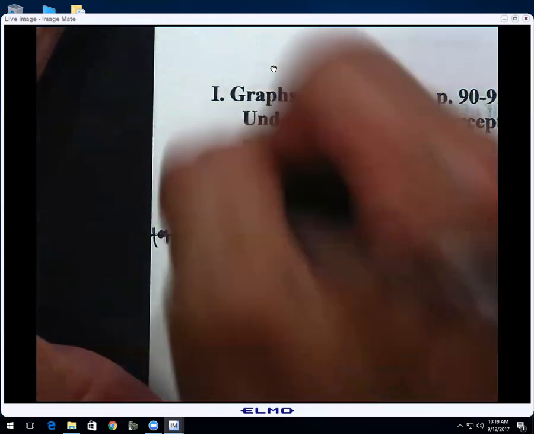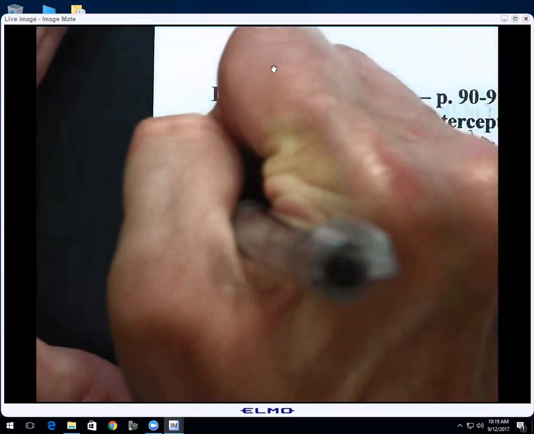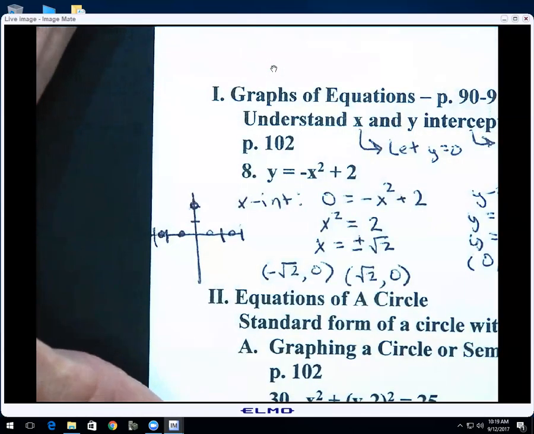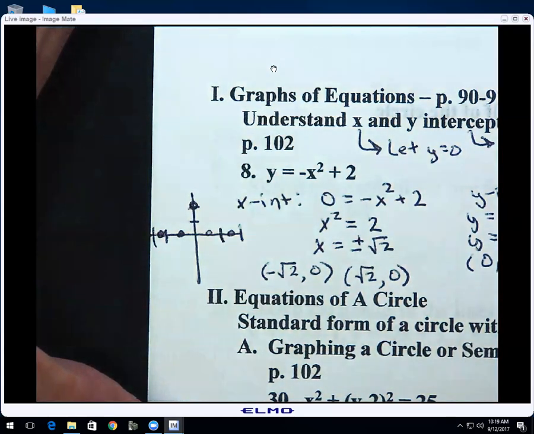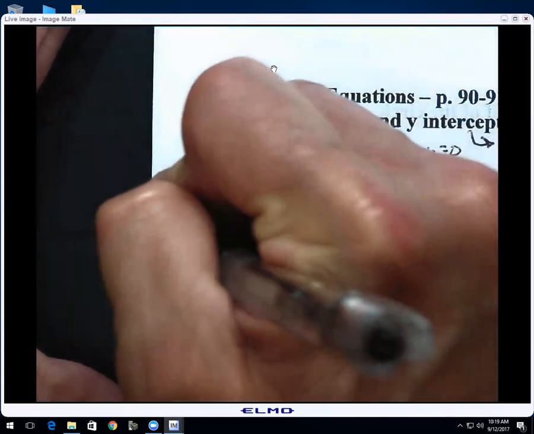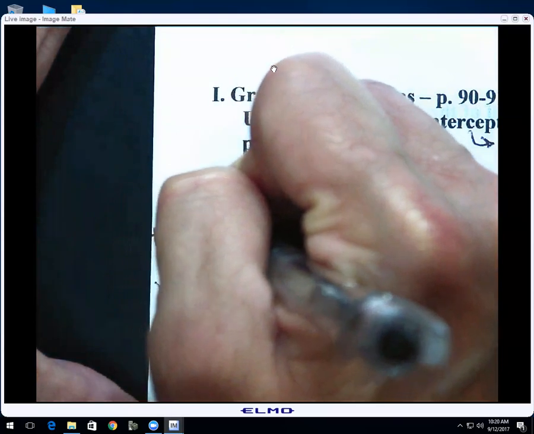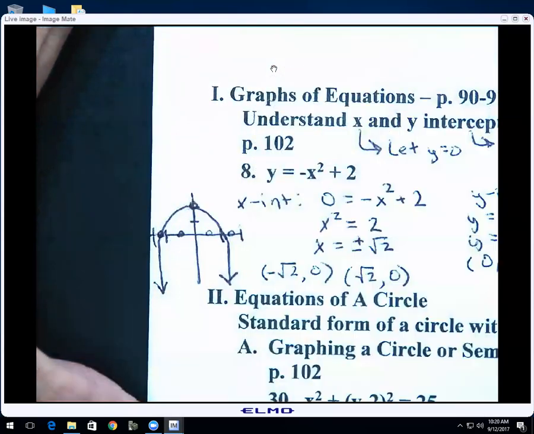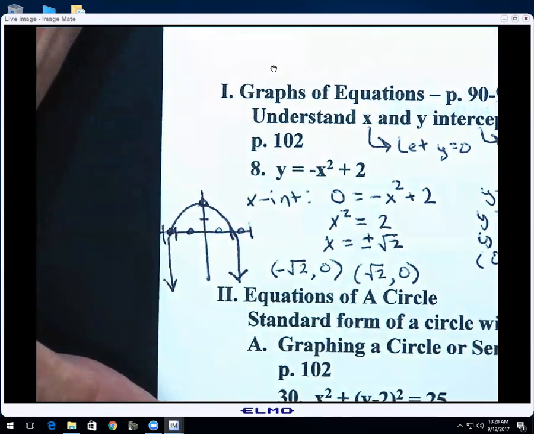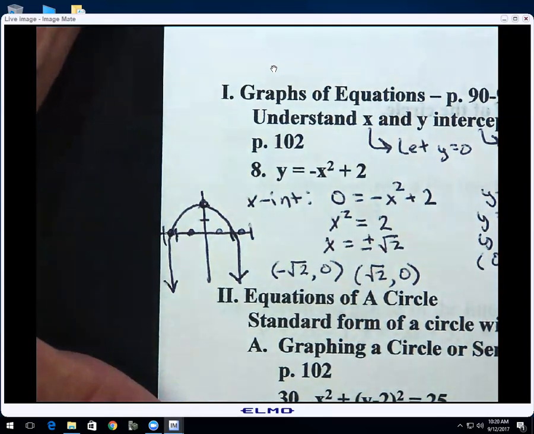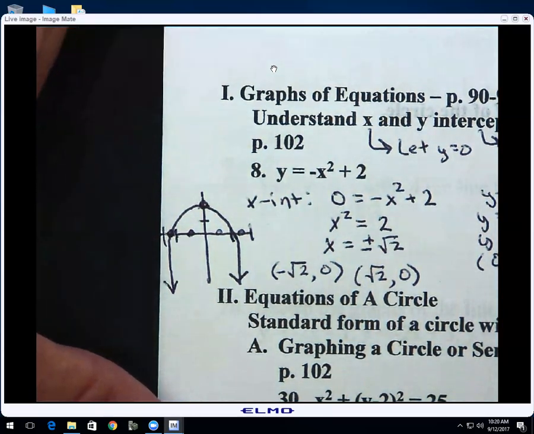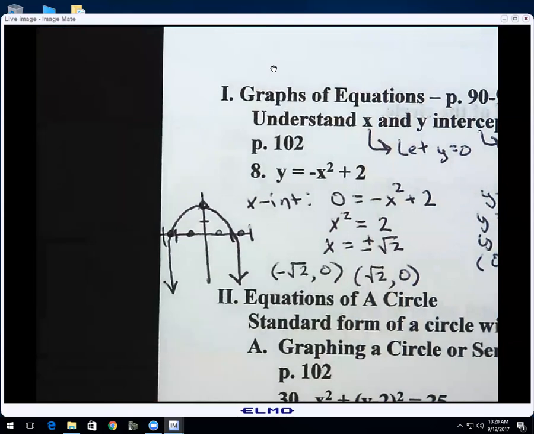And the y-intercept is 0, 2. That's because my parabola has been shifted up 2 units. Again, we're going for a rough mental image. And that's rough, but it's good enough to tell me, yeah, that's what it's supposed to look like.